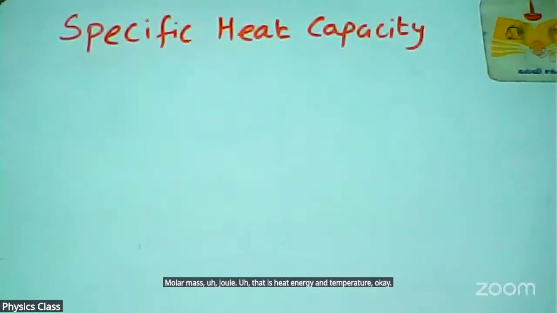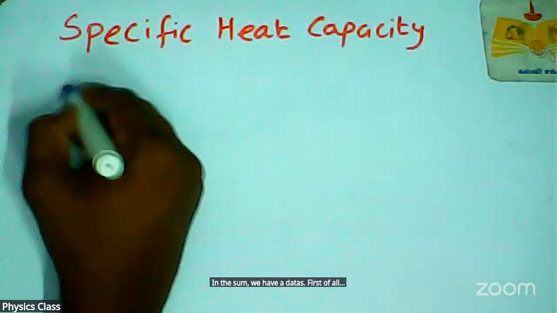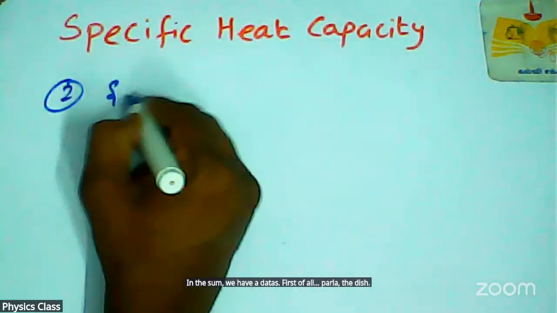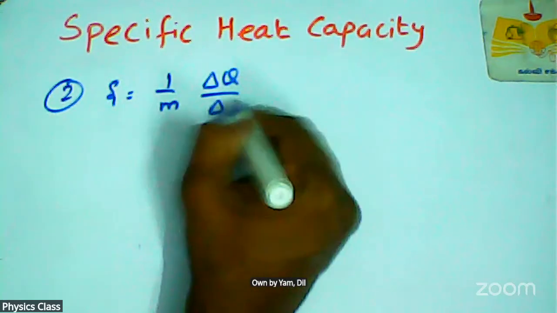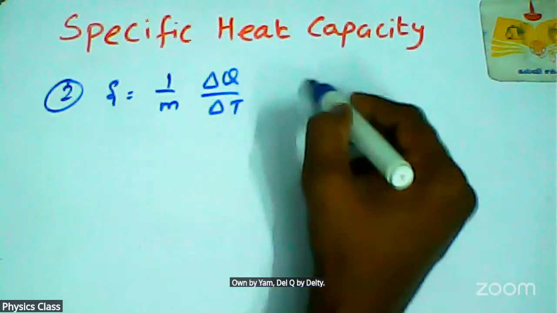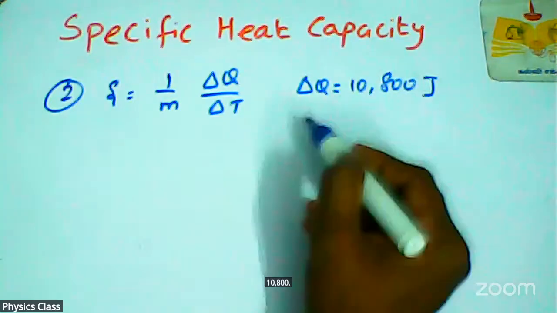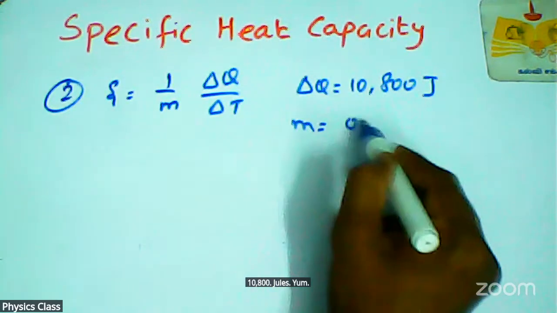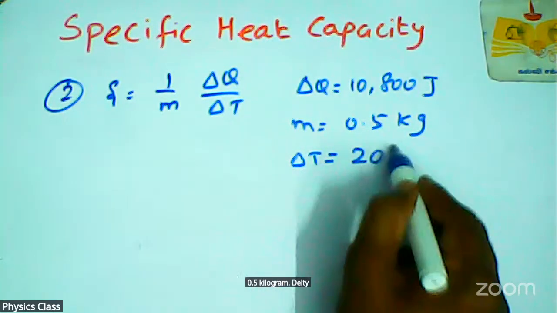Okay. So in this sum, we have the data. First of all, the formula is s equals 1 by m, ΔQ by ΔT. ΔQ is 10,800 joules, m is 0.5 kilogram, ΔT is 20 Kelvin. Clear?